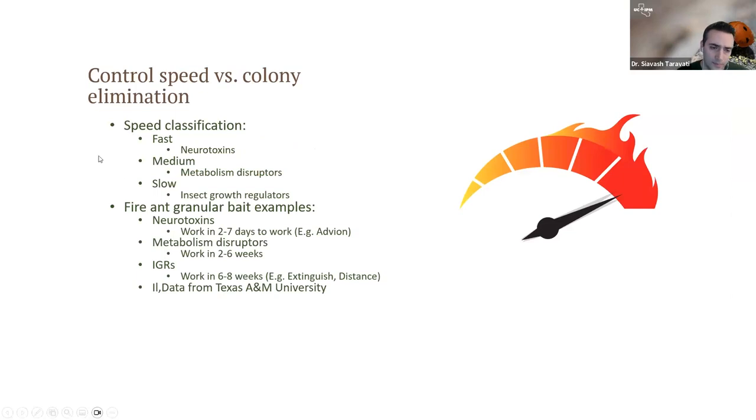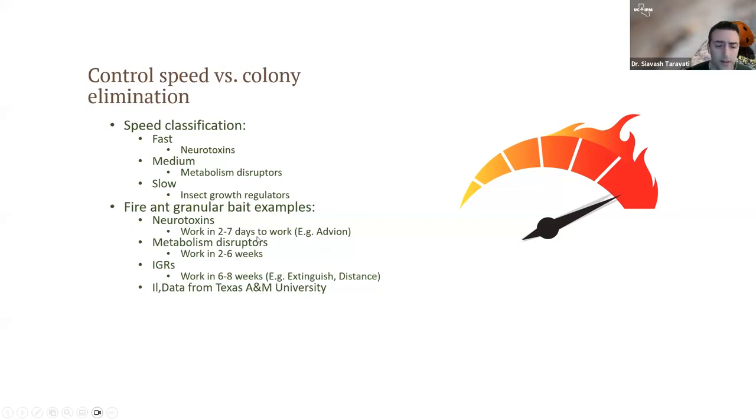But then if you look at the products that disrupt metabolism of insects, those work slower because it takes time for these materials to disrupt the energy production, and insects usually have a reserve of energy molecules, so it takes a little bit more time. And then the slowest ones are insect growth regulators. Okay, and you can see some examples here.